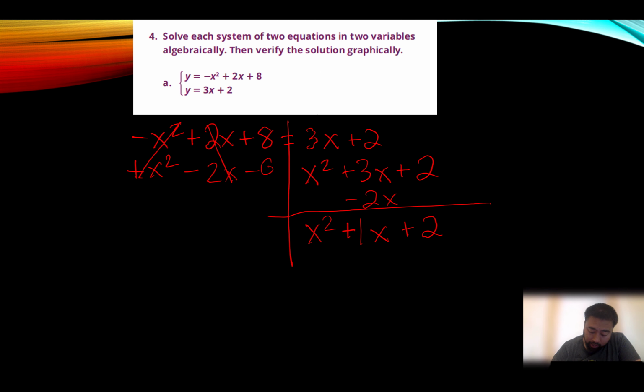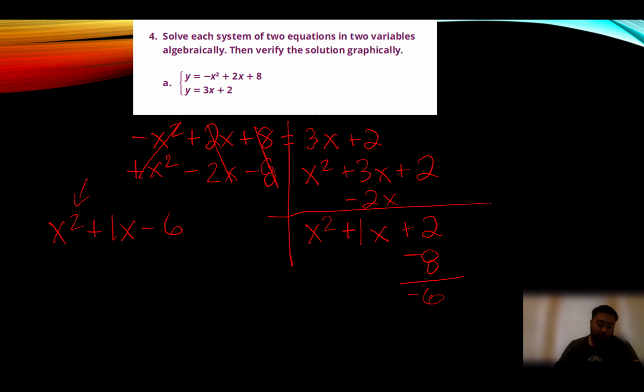Then minus 8 on this side. You do it on one side, do it to the other. So we will get -6, so the answer would be x squared plus 1x minus 6.